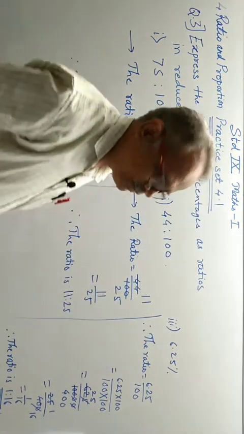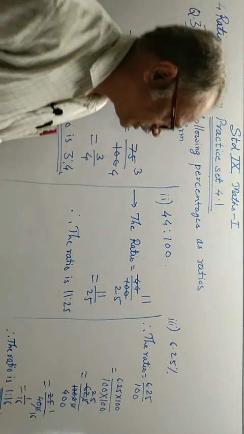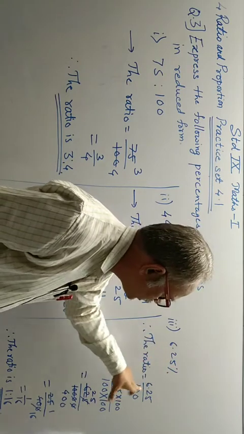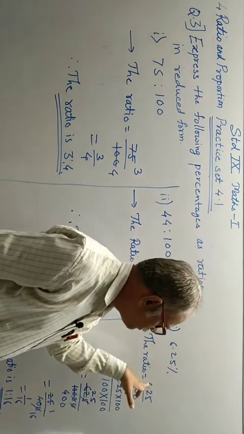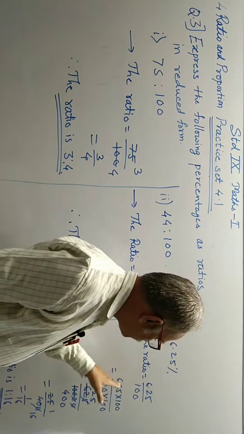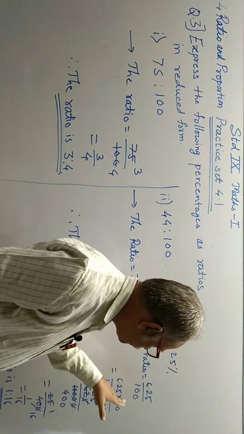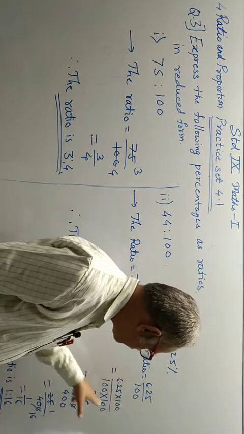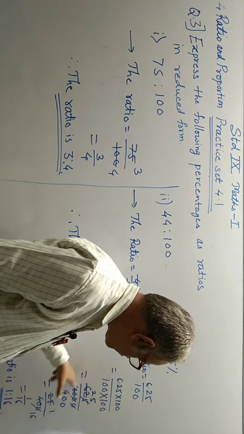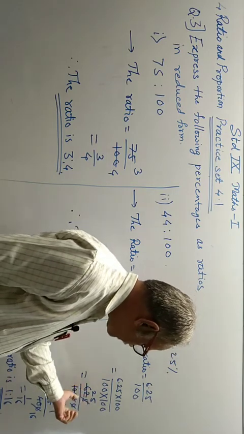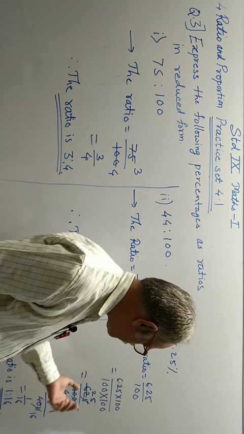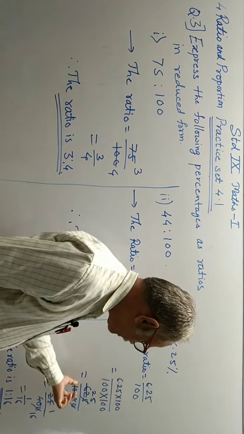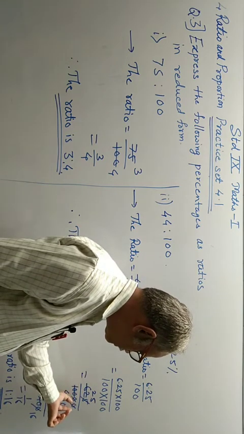Again I will repeat this. Pay attention. Most important question in converting percentage to ratio. 6.25% means 6.25 upon 100. To convert this decimal into integer, 6.25 is multiplied by 100. So denominator 100 is also multiplied by 100. It becomes 625 upon 100 into 100 is 10,000. When it ends with 10, 25, 50, 75, 00, it is divisible by 25. 25 25s are 625, 25 4s are 100, 00 as it is.